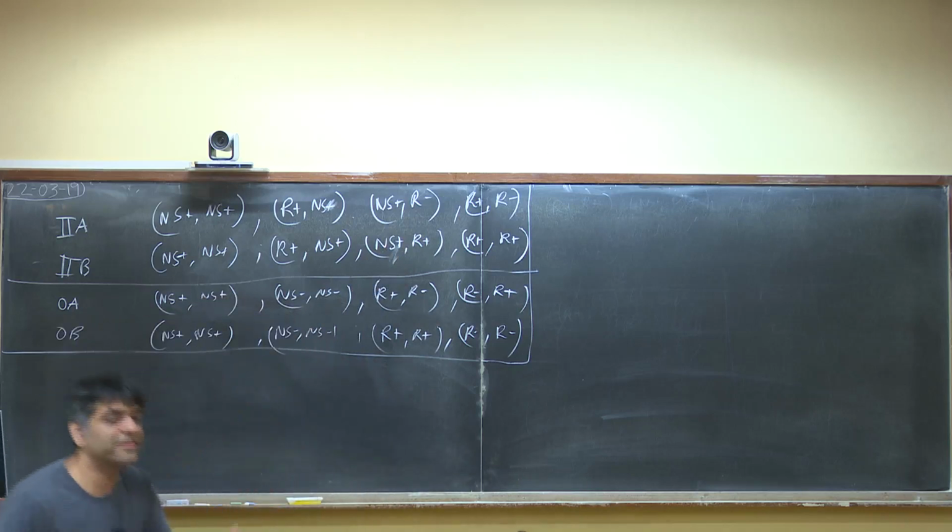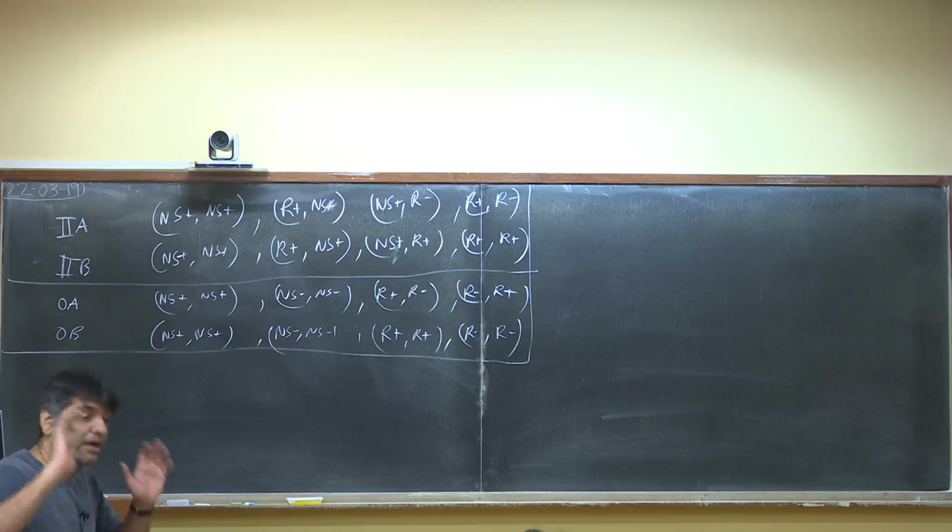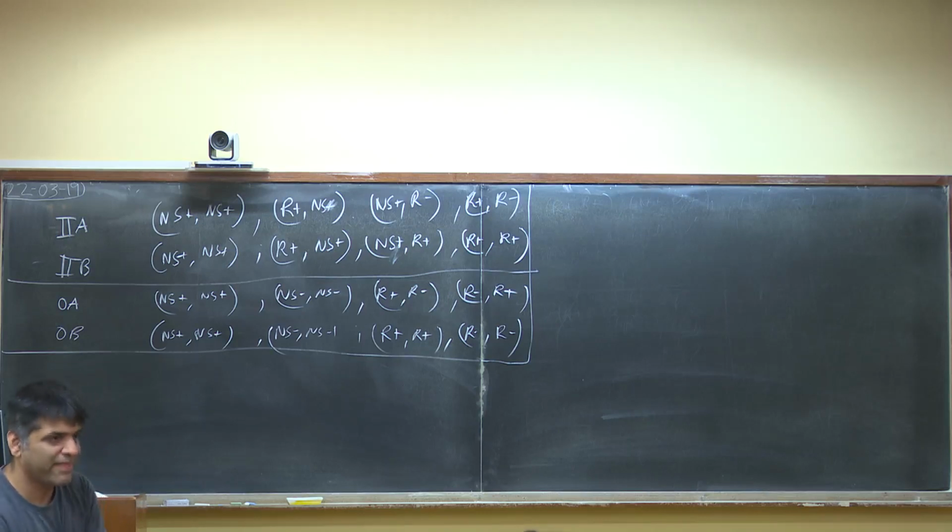Plus and minus is important, but chirality accounts only for the Ramond sector, because in the R sector we have the zero modes. In the NS sector, plus and minus is very important, but it's not an issue of chirality, it's something else. In the R sector, plus or minus tells you whether you're keeping the anti-chiral part of the spin or the chiral part of the spin.